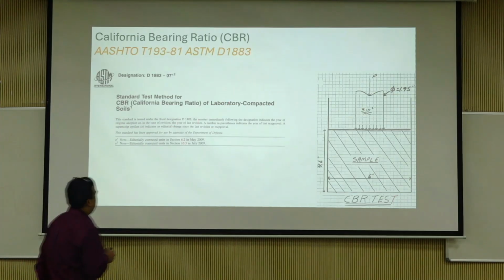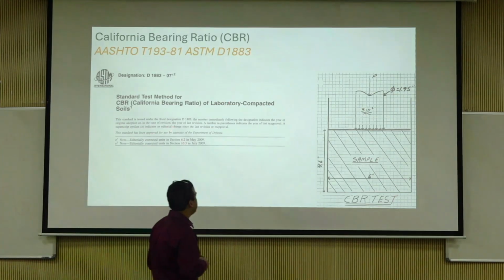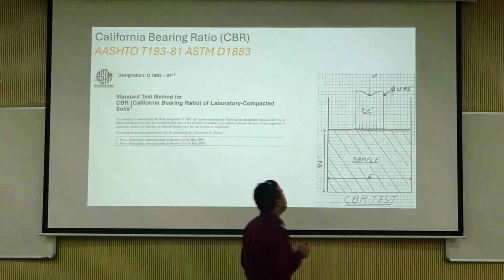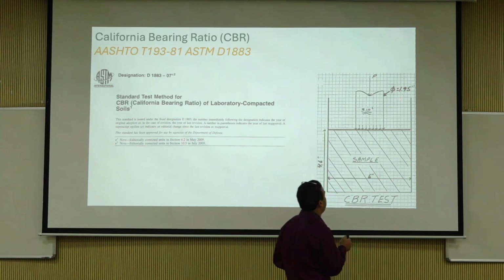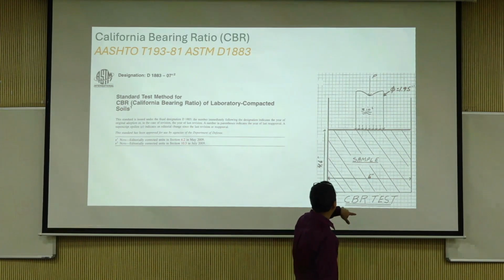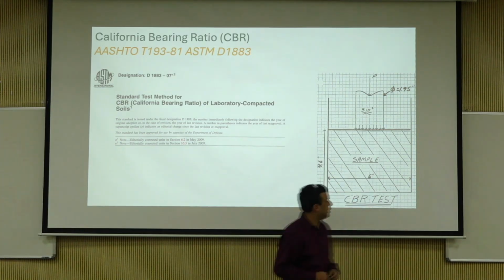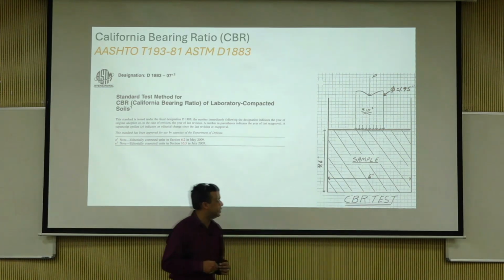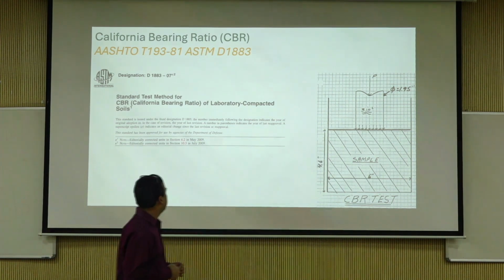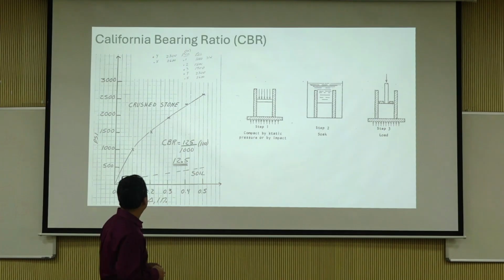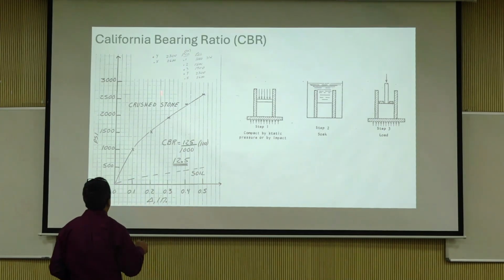This is the specification: 3 square inches of area, which is 1.96 inches of diameter. You can convert that into millimeters, and then you have a 6-inch mold or a 4-inch mold. So you have the crushed stone values.